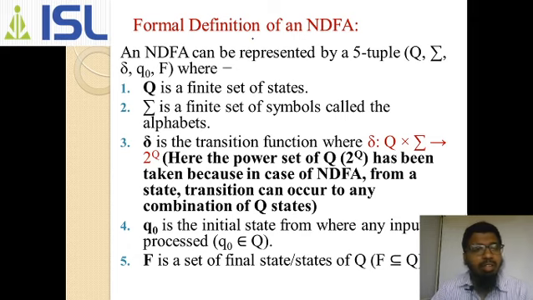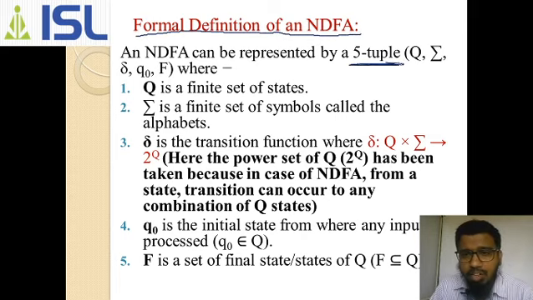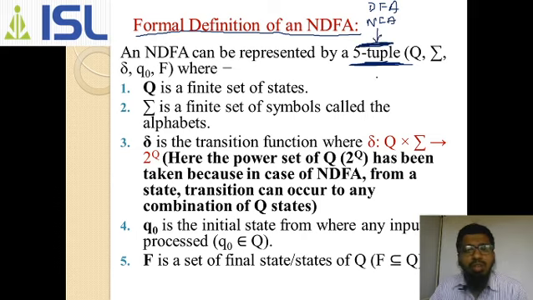Next is the formal definition of an NDFA. Here also we have the 5 tuples. Both DFA and NFA have the 5 tuples. What are the 5 tuples? Q, sigma, delta, Q naught, and F. Q, sigma, Q naught, F will be the same, but the delta is a little bit different here.